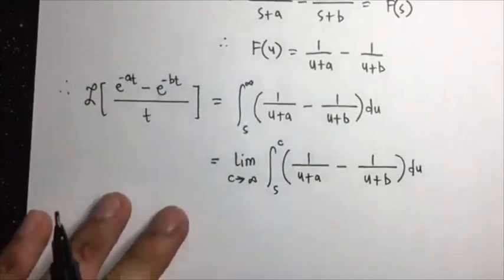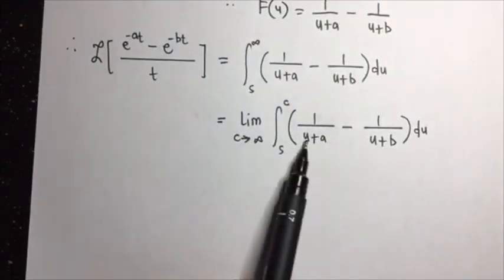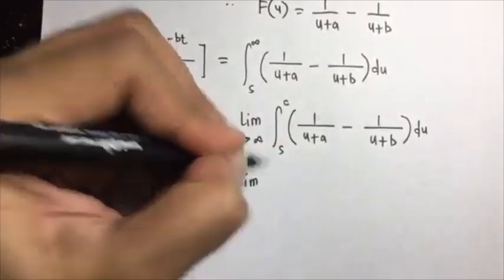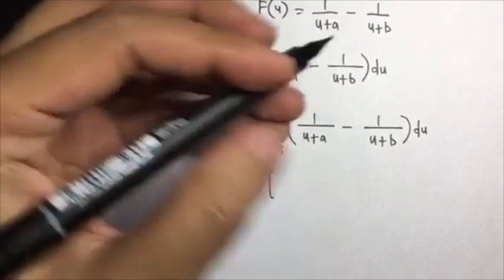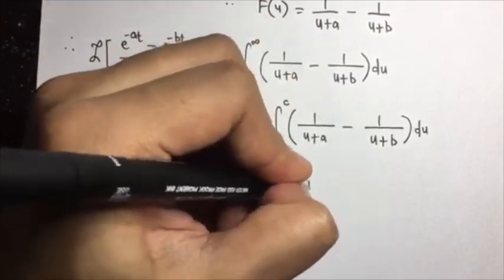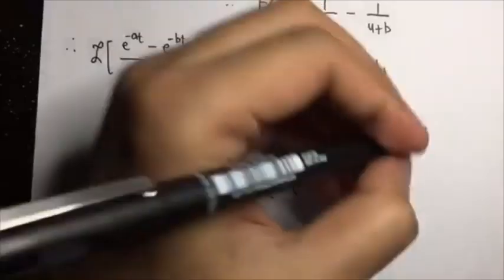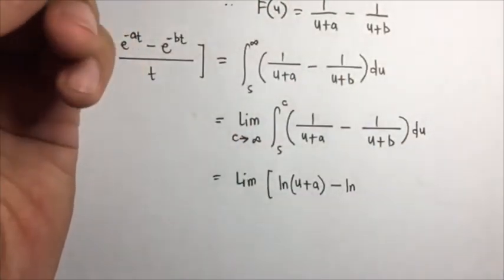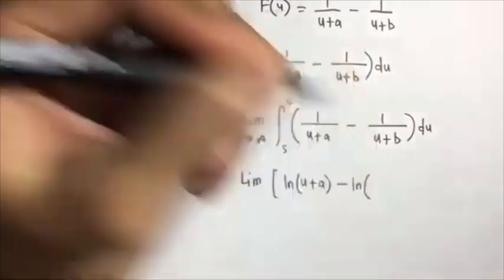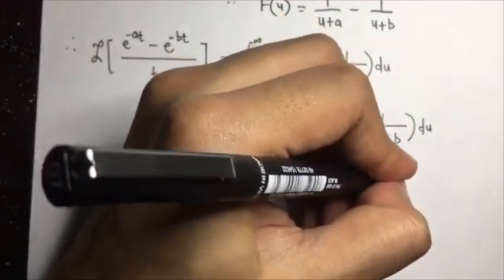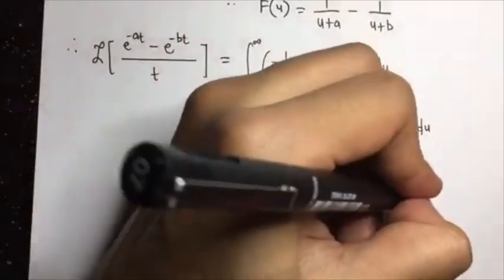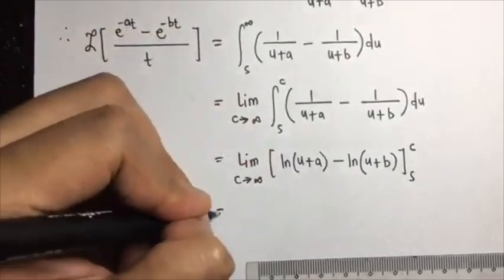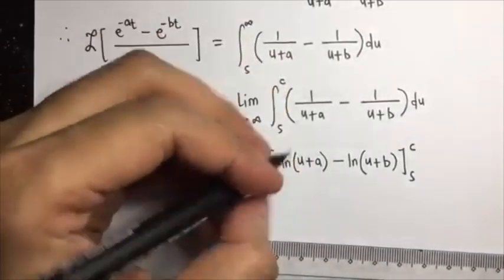Okay, so this is simple integration, so I think we can integrate this using natural logarithm. So the limit of, we will have here ln of u plus a minus ln of u plus b, from s to c, as c approaches infinity. So using the properties of logarithm, we can combine this.